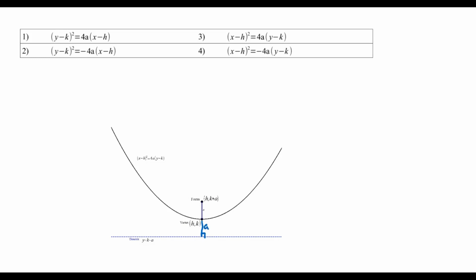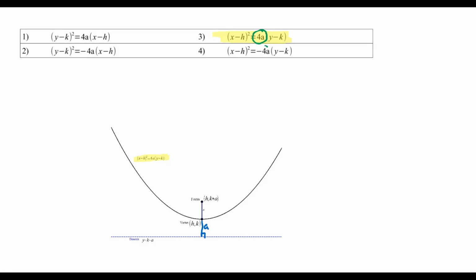So this is the equation right here, which gives us a parabola that's oriented up. And the squared is on the x, and we have a positive on this side of the equation.